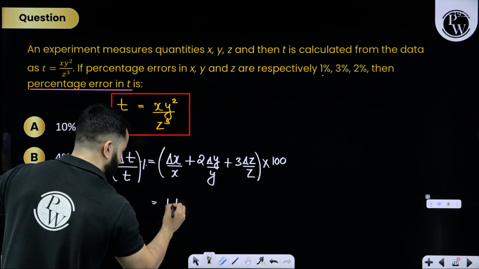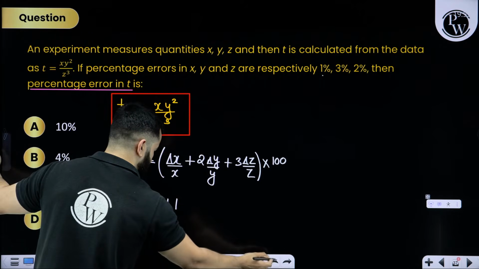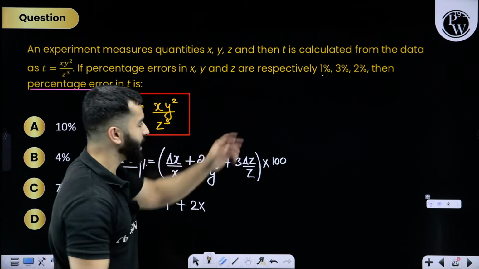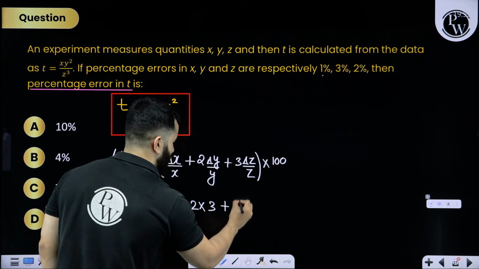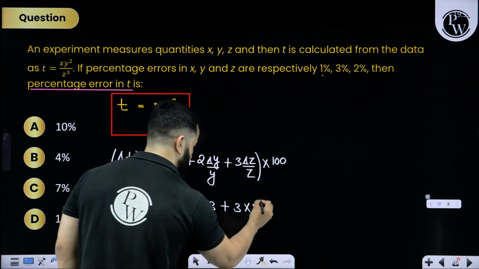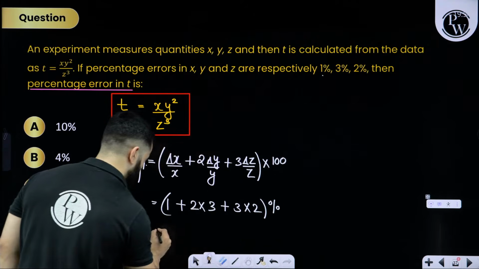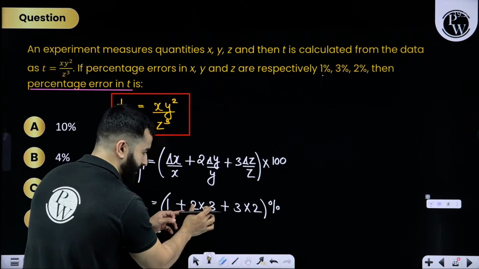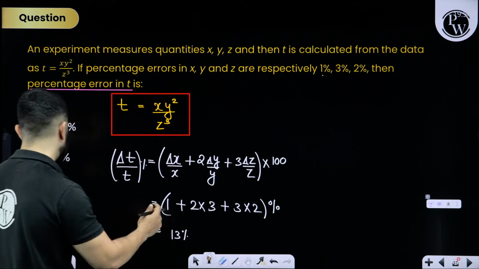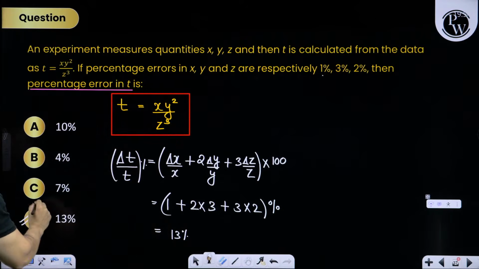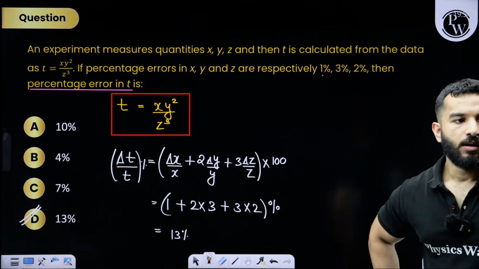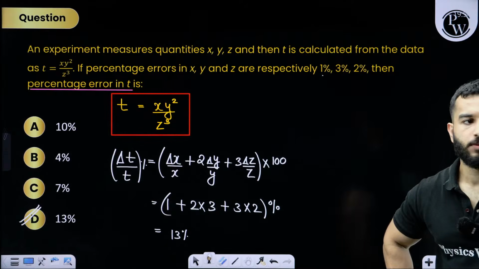So this is 1, plus 2 times delta y upon y is 3%, 3 times delta z upon z is 2%. All of these are in percentage. The answer will become 1 plus 6, 7, 7 plus 6, that is 13%. 13% is going to be the correct answer. Clear? Done? Any doubt?